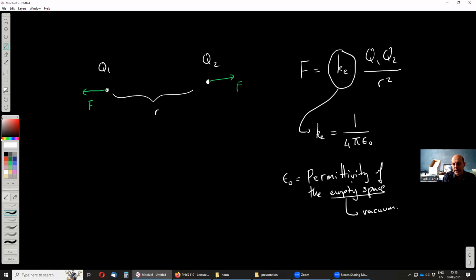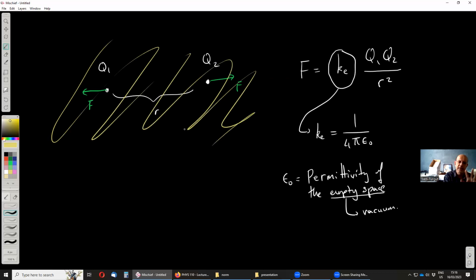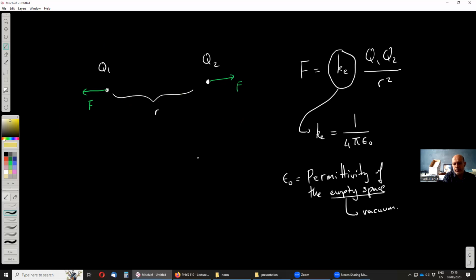Okay, so we say that this is the permittivity of empty space, which means that if these two charges are inside a medium, for example, inside some kind of a semiconductor, right? So instead of empty space, these two charges are inside a semiconductor. In that case, this force expression is still valid, except that instead of this epsilon_0, we have to use the permittivity of that material, of that medium.